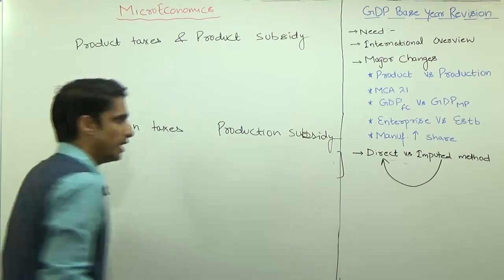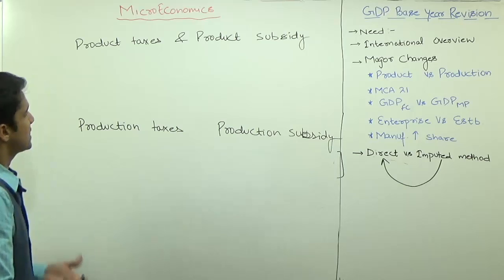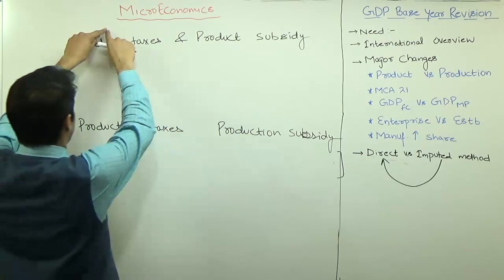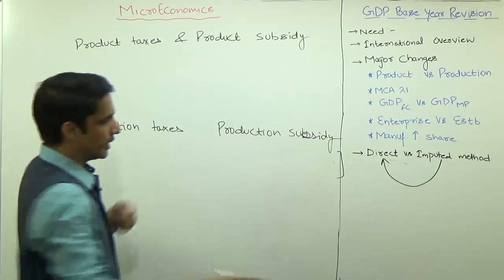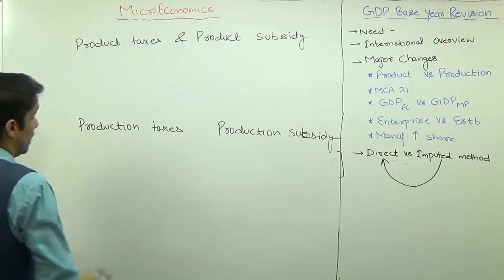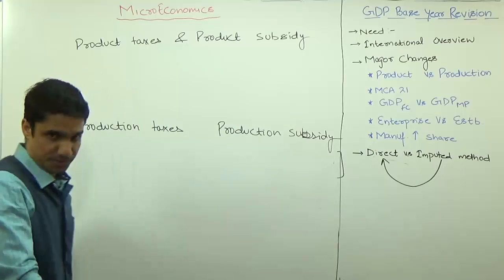So all the indirect taxes or the direct taxes have been divided into product taxes and production taxes. A new category has been derived, and similarly product subsidy and production subsidy.